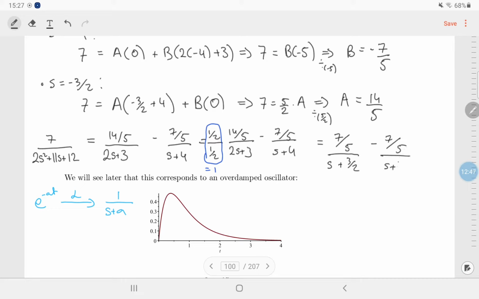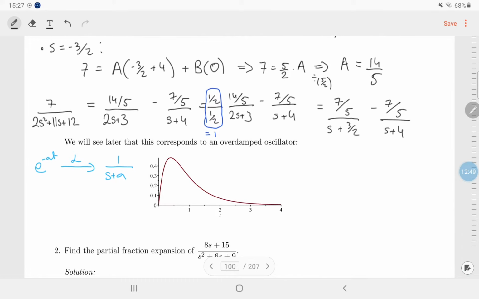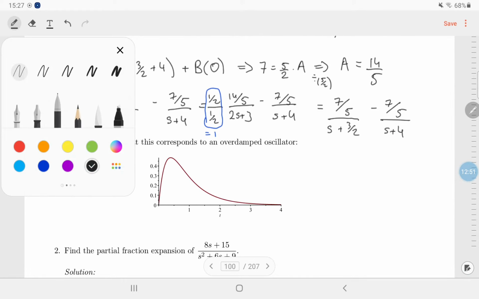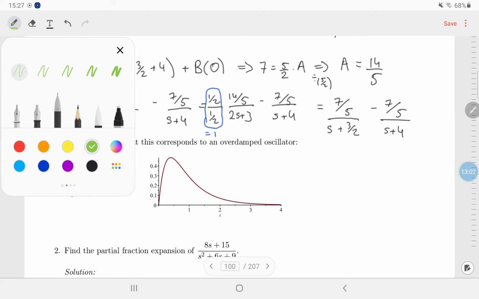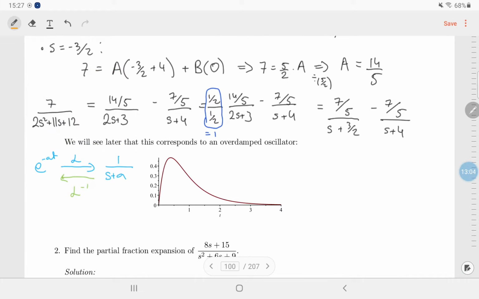Now I need to send this back, and sending it back, of course, is going in that direction. And what you might notice is we've got 1 over, what's going on with these 7/5. So maybe think about this number here. Say this number here to yourself. That orange number, what is that?